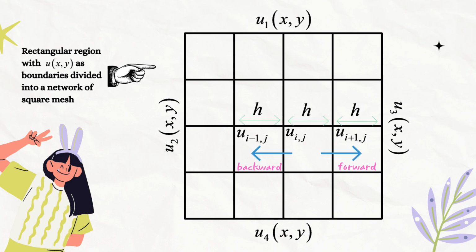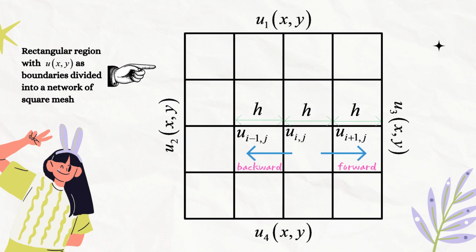Consider a rectangular region with function u(x, y) as the boundaries. Then suppose that the region is divided into a network of square mesh of side h as shown on the slide. Now look at the point u(i,j) on the mesh. By moving forward for h distance in x direction, we obtain another point called u(i+1,j).